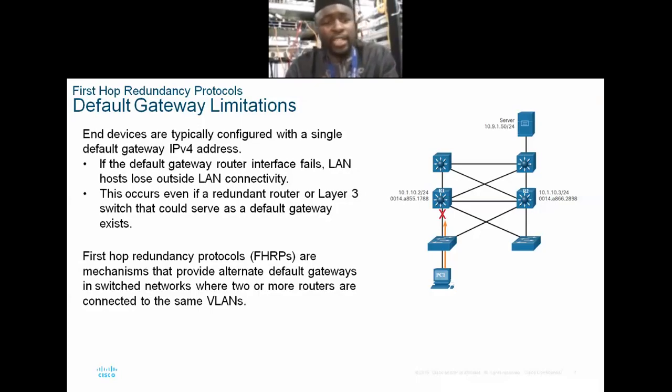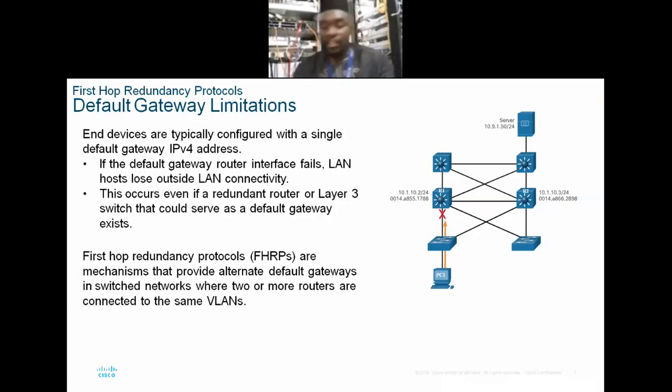This occurs even if a redundant router or layer 3 switch that could serve as a default gateway exists. First hop redundancy protocols are mechanisms that provide alternative default gateways in switched networks where two or more routers are connected to the same local area network.